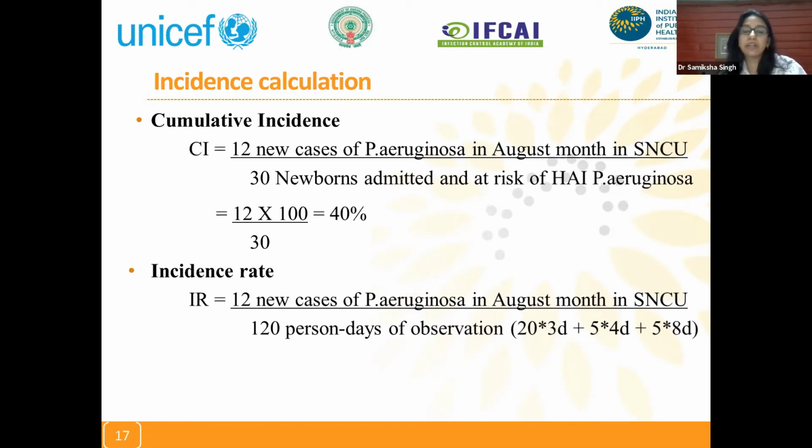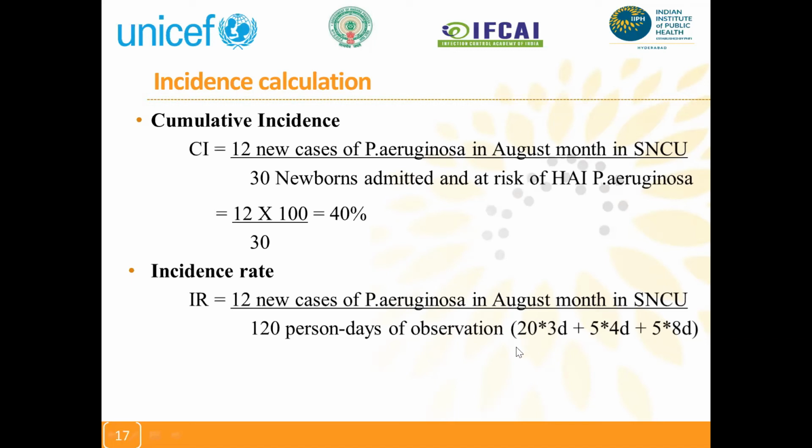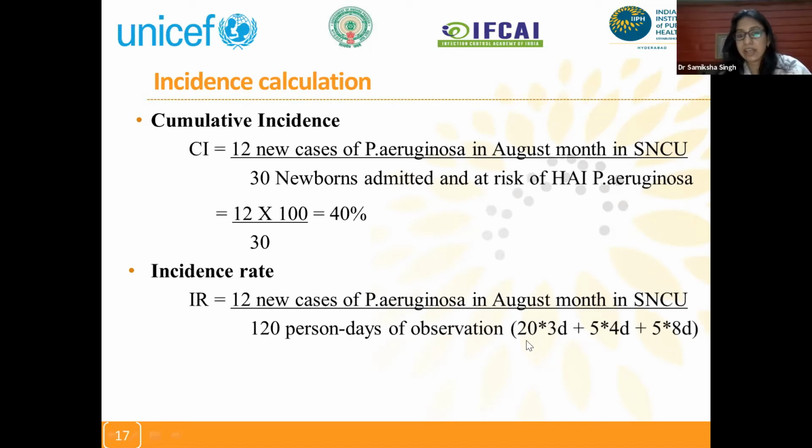If you want to calculate incidence rate for same population, right? So the numerator remains the same, but in denominator, just look at this bracket. I hope my mouse is visible. Yes, okay. So now look at this bracket. In this, out of the 30 newborns, 20 were admitted only for 3 days.